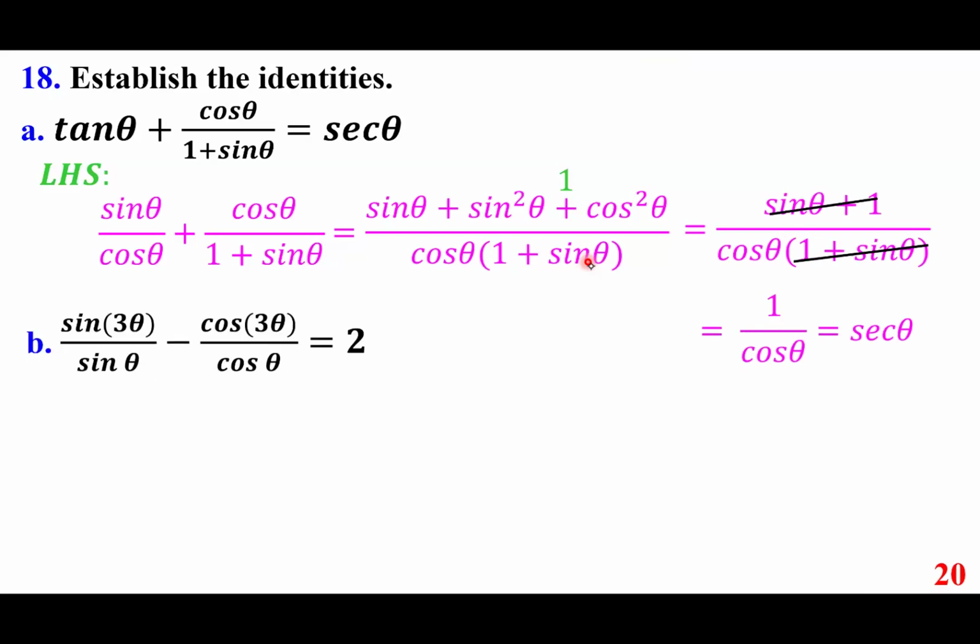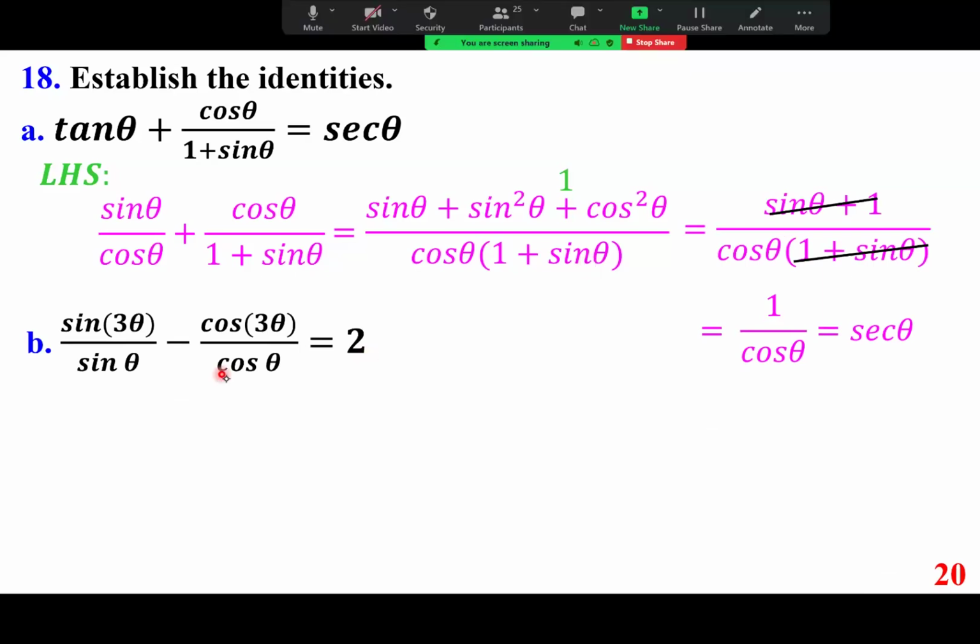Sine of 3 theta over sine theta minus cosine of 3 theta over cosine theta is 2. Clearly, the left-hand side is the more complicated side. Let's do the LCD, sine theta cosine theta, and let's add up the two fractions. So sine 3 theta times cosine theta minus cosine 3 theta sine theta.